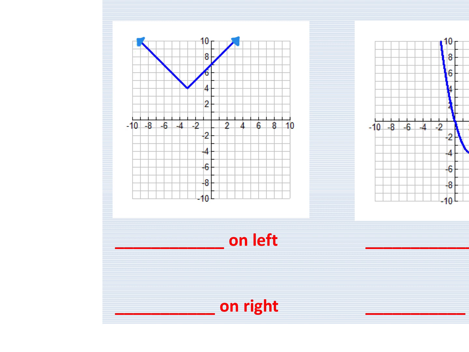In end behavior, you literally look at the ends. So in this case, both ends are doing what? Rising. So on the left it is rising. On the right it is rising. It is that simple.